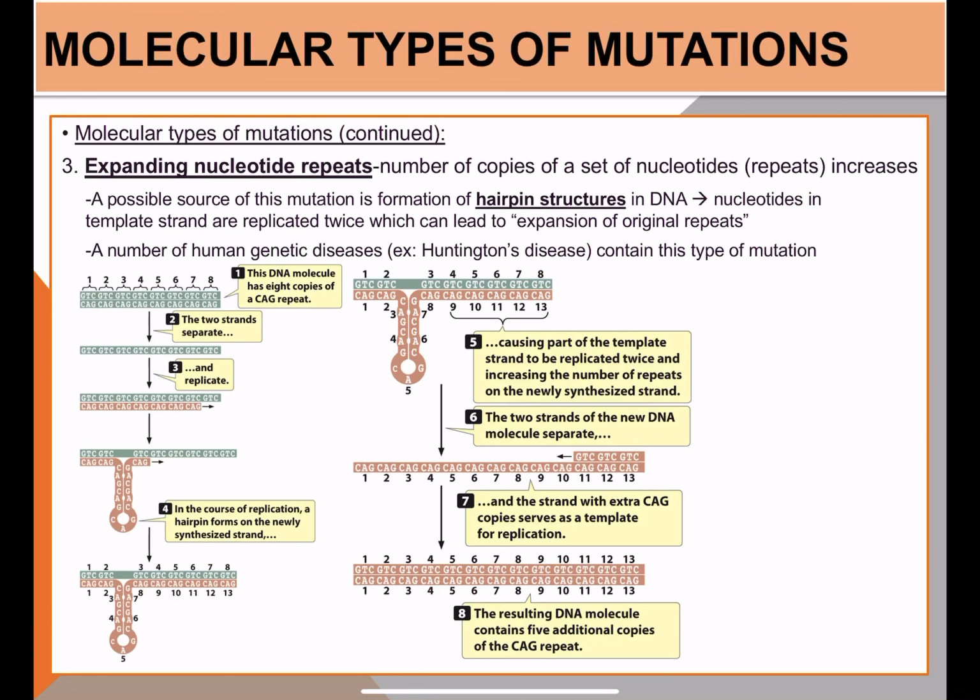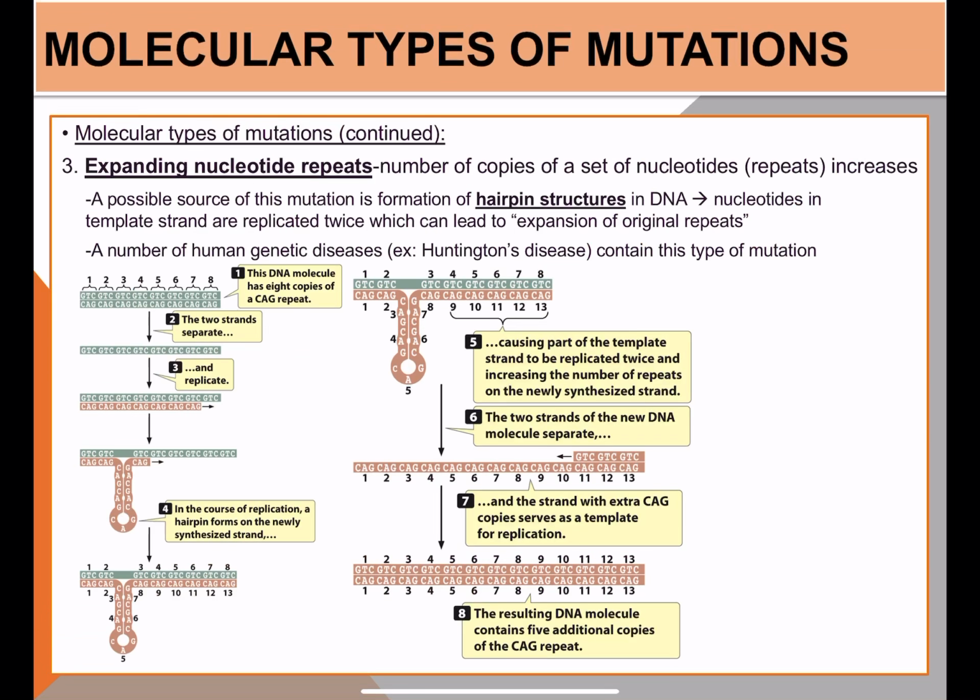All right, so a third molecular type of mutation is called expanding nucleotide repeats. This is a more complex form of molecular mutation. This is where a segment of DNA is repeated in extra copies that will increase the amount of DNA that's available.